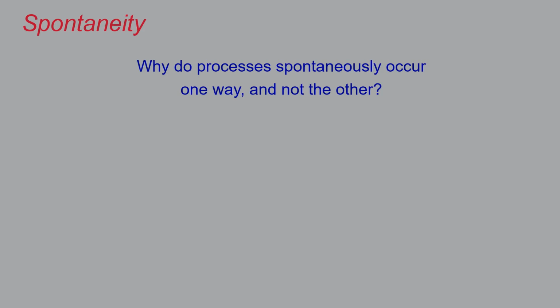Okay, spontaneity. What's it all about? This is a question that chemists and physicists and people in general have been asking themselves for quite a while now. Why do some processes spontaneously occur in one direction and not the other?